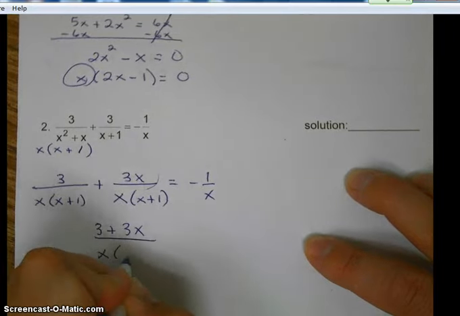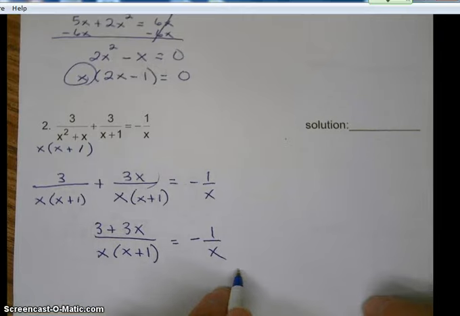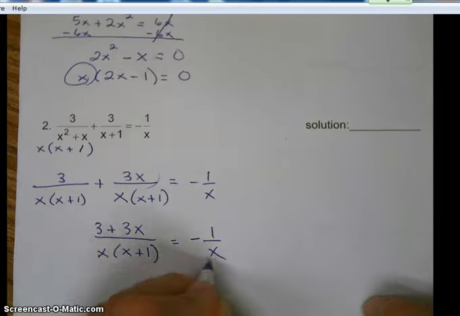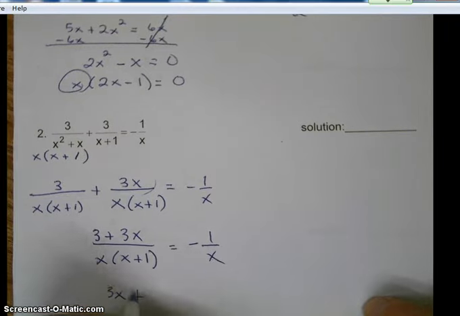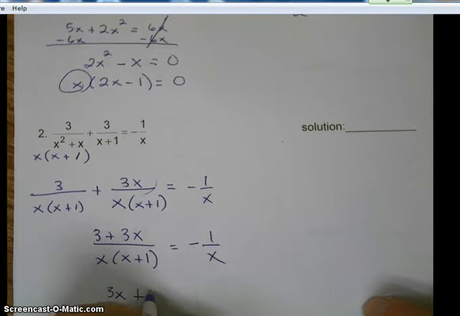Now we're going to cross multiply. Because we may want to do some simplifying, we'll wait until the end to do that. Let's cross multiply this way. We're going to have x times 3x.